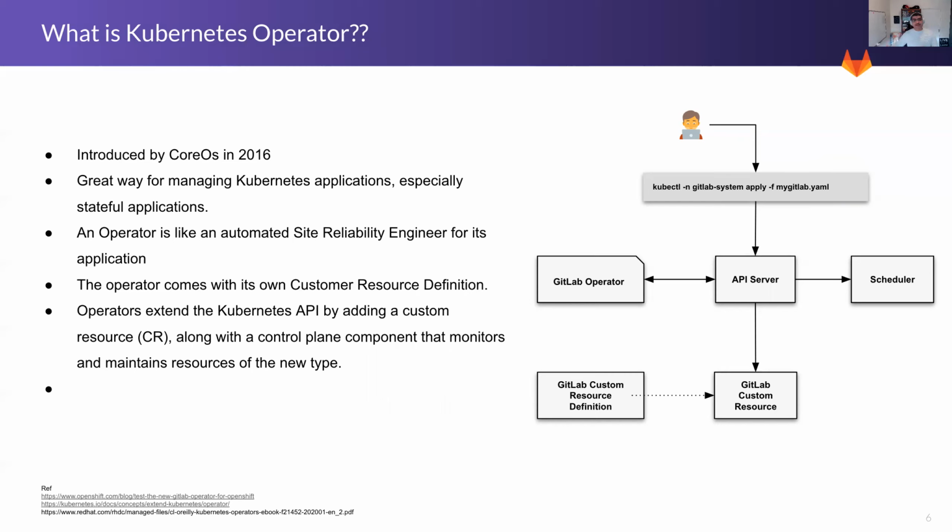It's beyond the day zero and day one tasks of deploying the application. It's about all the other tasks that an SRE is responsible for to keep the application running, which are more related to the application context or application logic itself. The same applies to the GitLab Kubernetes operator.